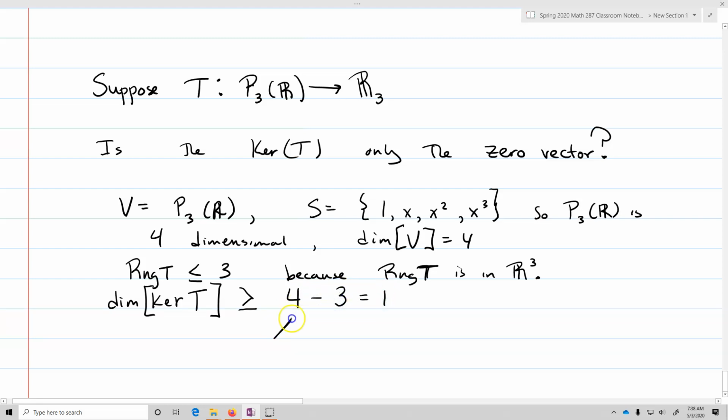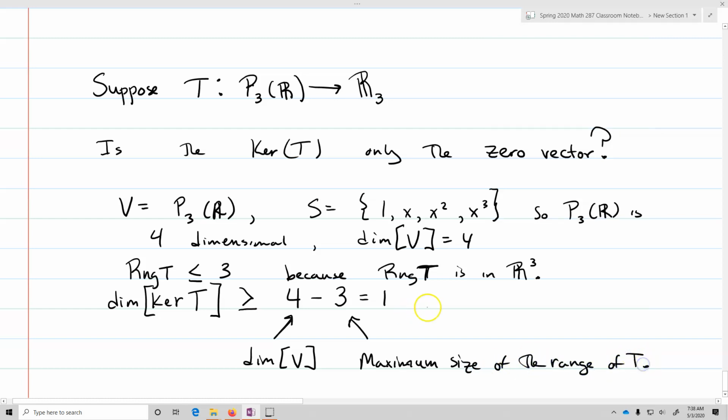And the reason why is that 4 is the dimension of V, and 3 here is the maximum size of the range of T. So the dimension of the kernel of T has to be greater than or equal to 1.